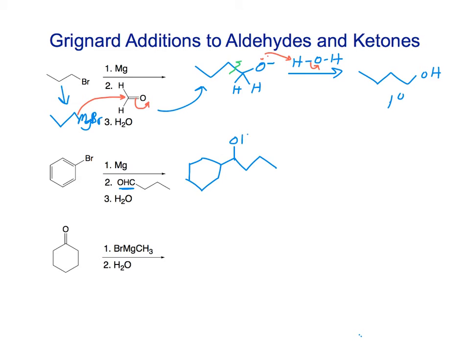After we protonate, we get this compound right here. Right? We've made this bond. So we start with an aldehyde, and in this case, other than formaldehyde, we get a secondary alcohol as a product.